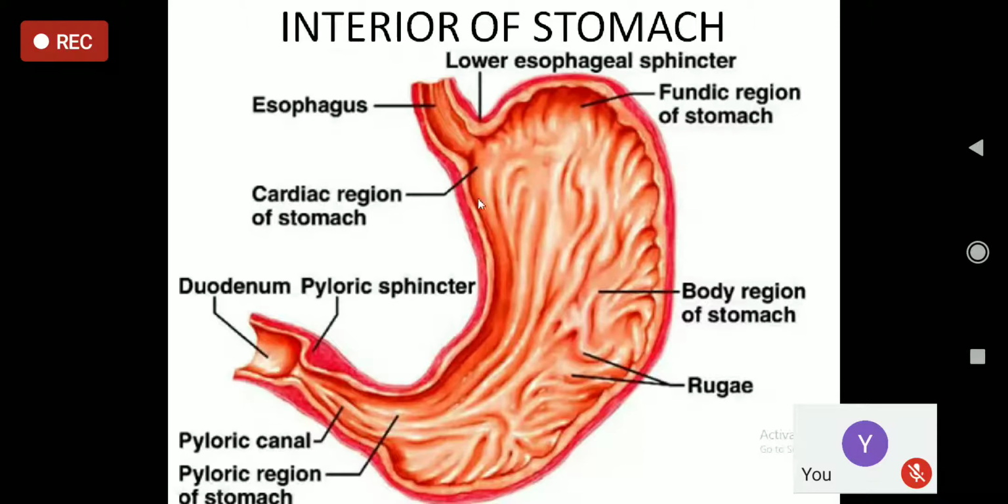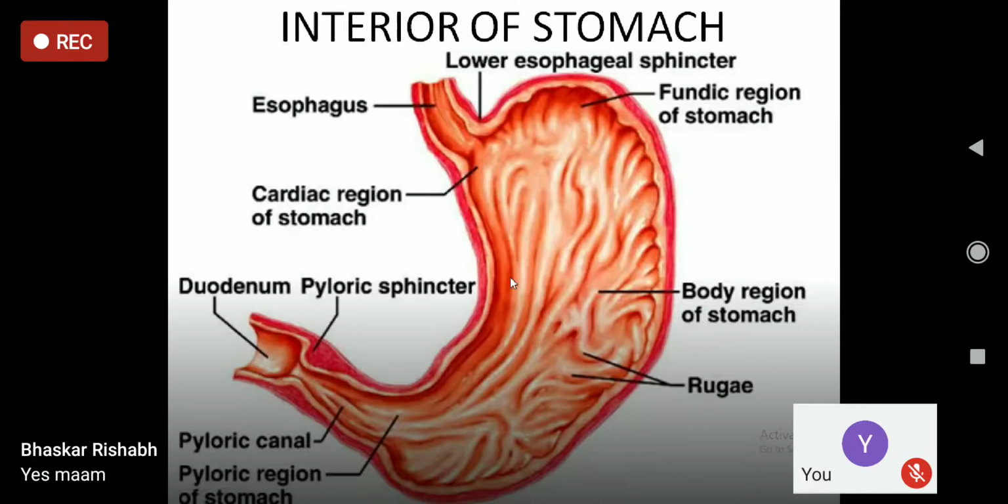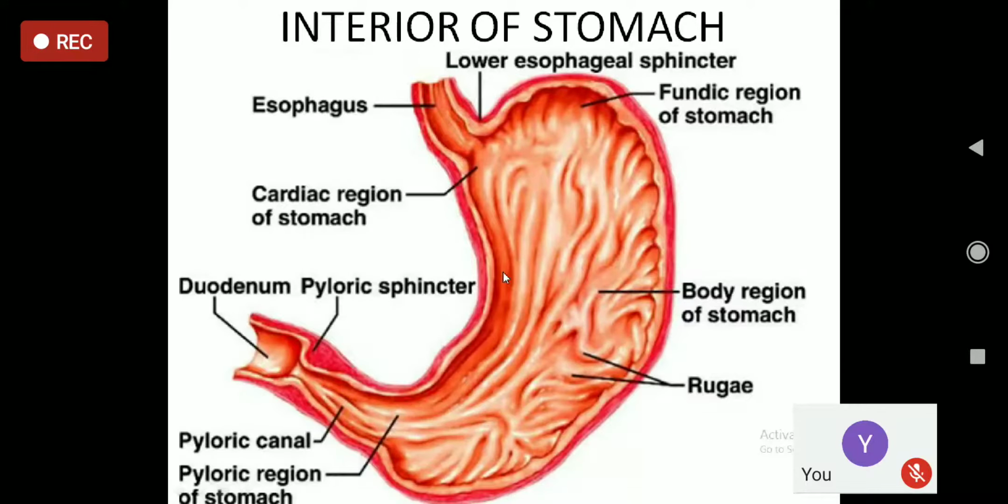Because of the presence of this gastric canal towards the lesser curvature, when a person drinks hard beverages or caustic fluids, it moves directly along this gastric canal towards the lesser curvature rather than towards the greater curvature.